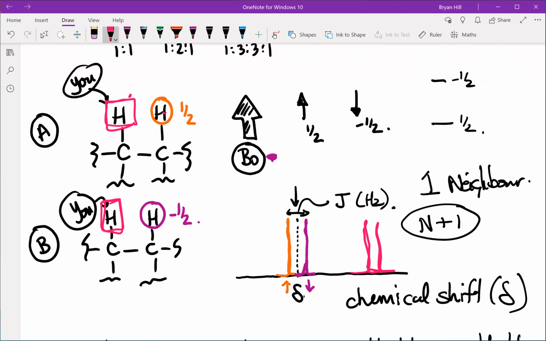And this coupling constant between the two is going to be the same. So if this is 7 hertz here, then this coupling constant here between these two peaks will also be 7 hertz. So you will share that coupling constant with the neighbor which you're coupling with.